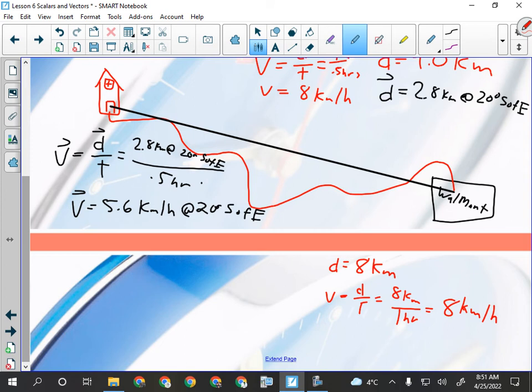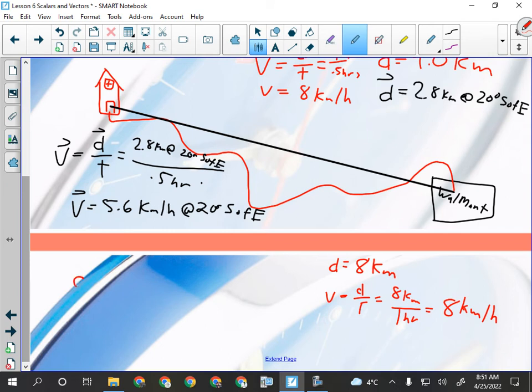Yes, I walked to Walmart and back. A scalar description reflects that. It says that I did walk 8 kilometers and it took me 1 hour. But a vector description looks at where I started and where I ended, and it says, you accomplished nothing because you're back where you started. So my total displacement is 0.